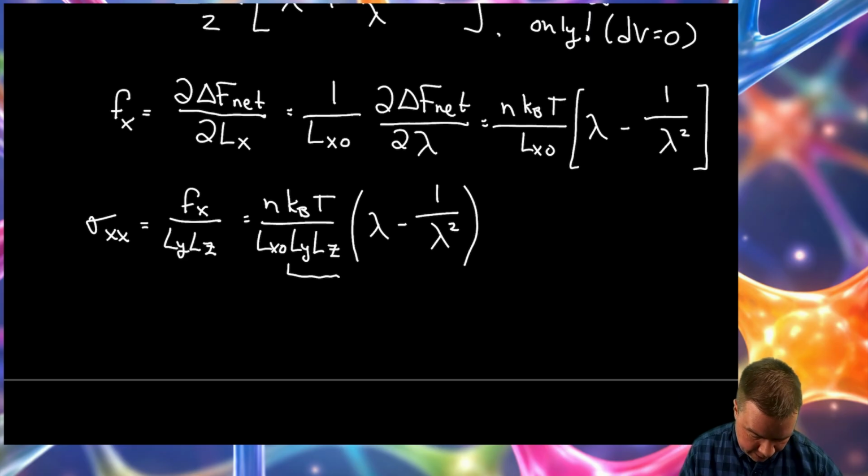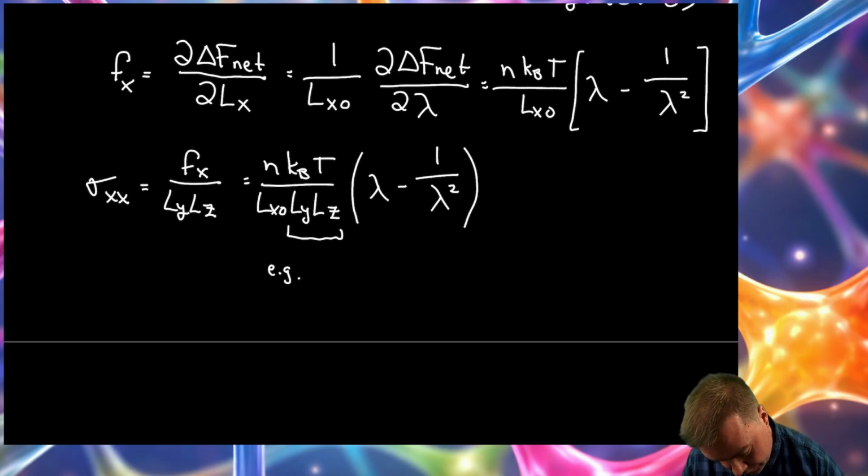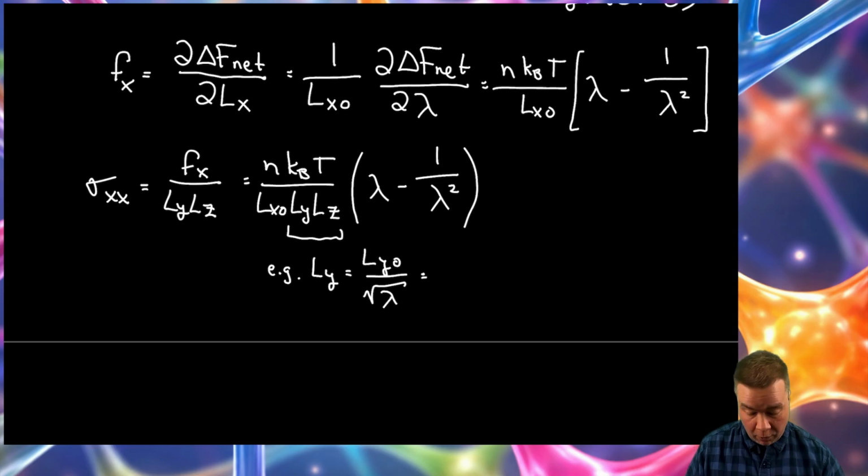And for these things here, right, we know how those are related to their initial dimensions by those elongation factors. So we can substitute in. So for example, Ly is going to be Ly0 divided by the square root of lambda. And that's just in the y direction, right?